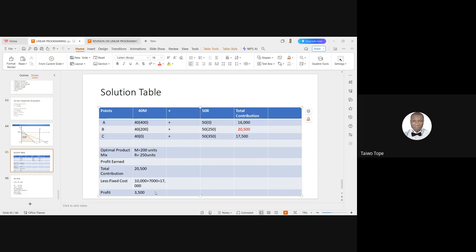So let me do it now. It's a compulsory question and it's a 40-mark question. It was that year that they made the compulsory question 40 marks. I'm heading there now.